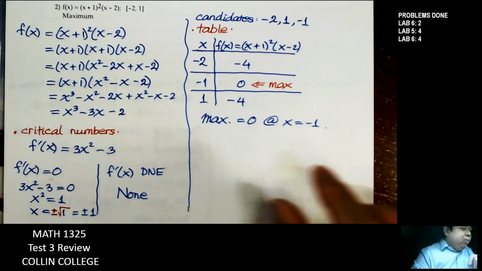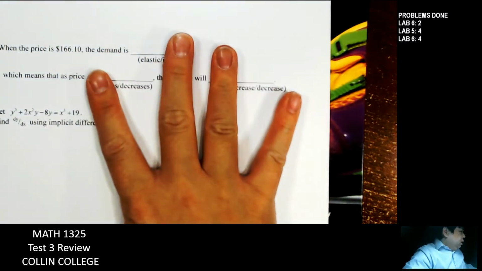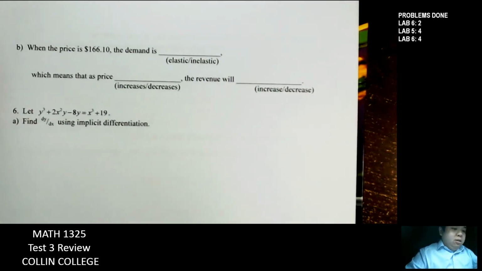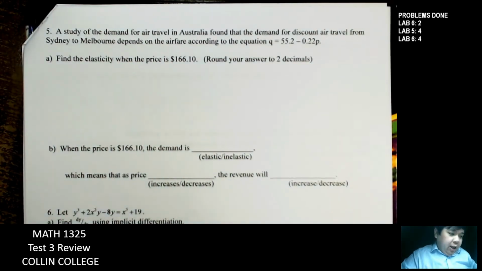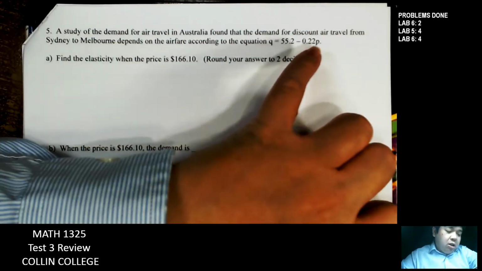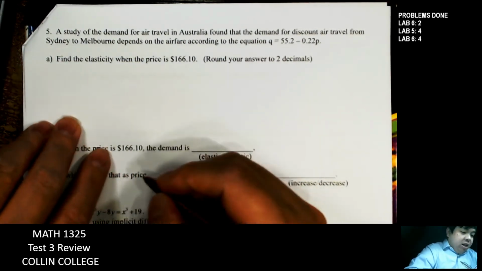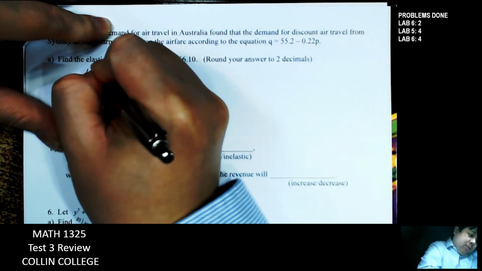Right. Next, so that's what the absolute max and min problems we're going to have look like. Next, I think we go to lab 5, 5A and 5B. So this is the elasticity of demand. Right.